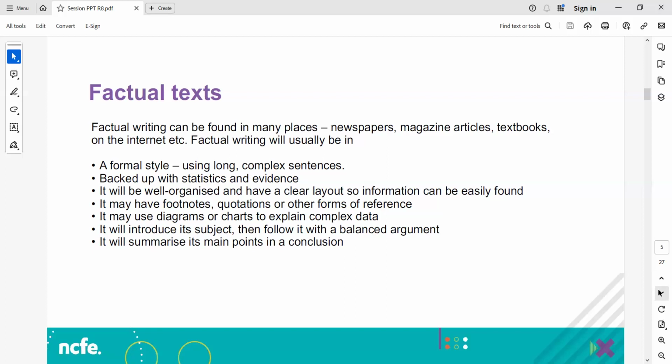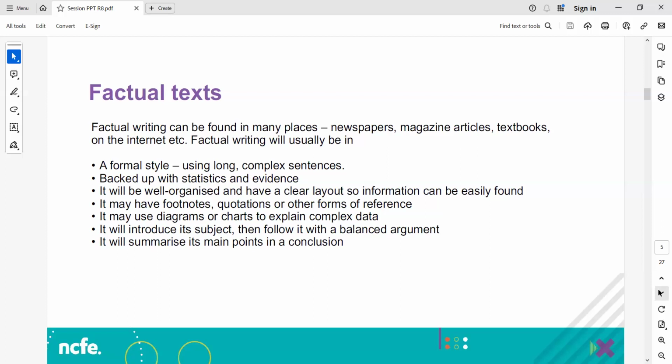It will be well organised and have a clear layout. So you might have headings and subheadings, so you can find information easily. There may also be footnotes, quotations, or other forms of reference.